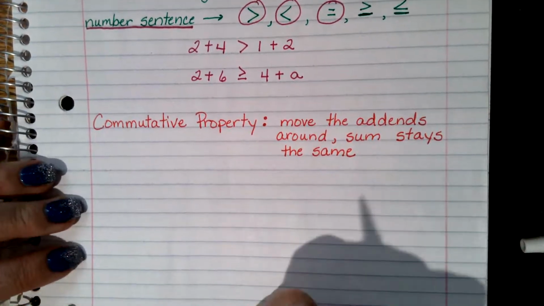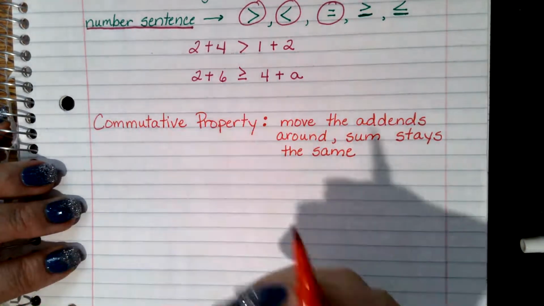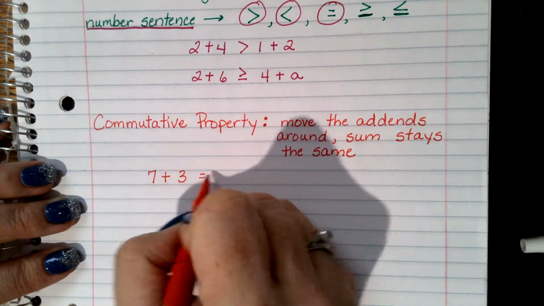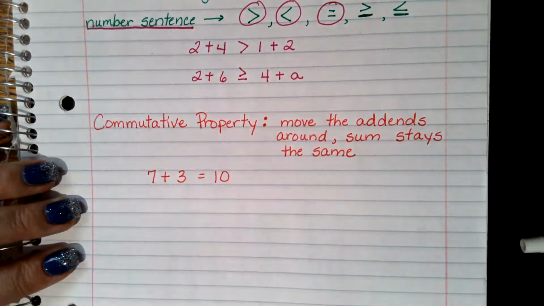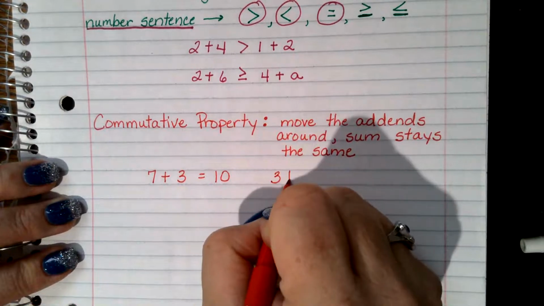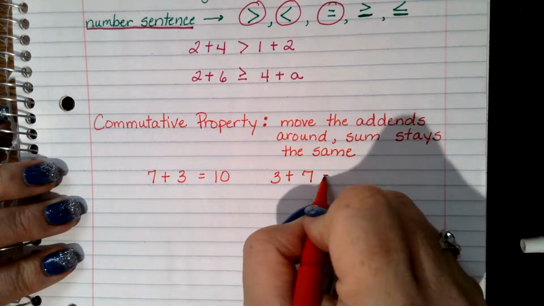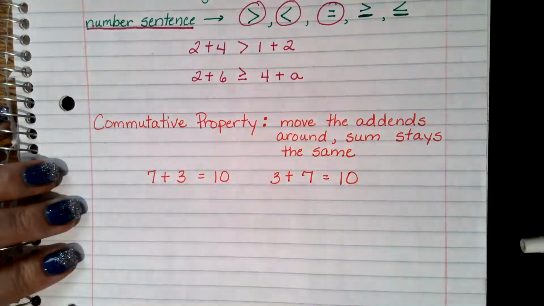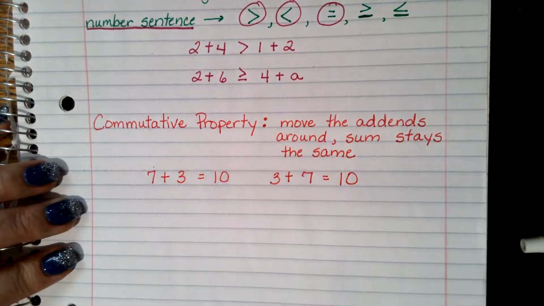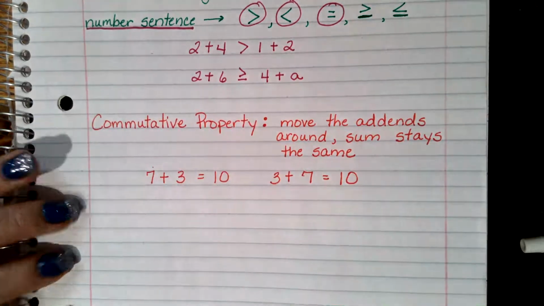So that's like saying, okay, we have 7 plus 3 equals 10. Well, we can turn that around and do 3 plus 7 equals 10. It doesn't matter what order the 7 and the 3 are in, the sum is still going to be 10.